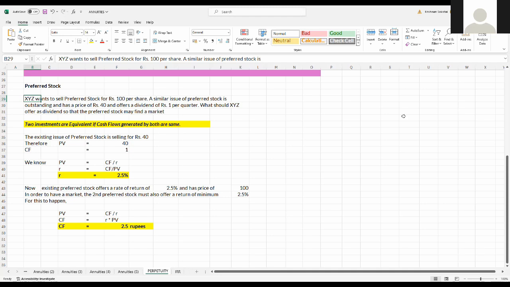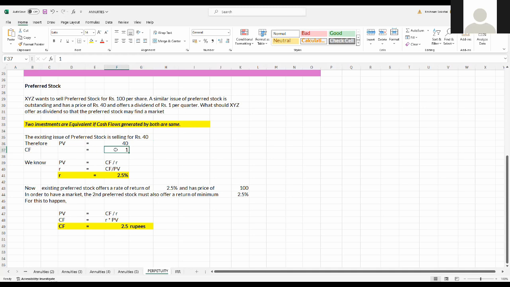As I said earlier, two investments are equivalent if the cash flows generated by both of them are the same. The existing issue of preferred stock is selling for 40 rupees. Therefore, the present value is 40 rupees. There's only one cash flow, which is 1 rupee, because that is the dividend.